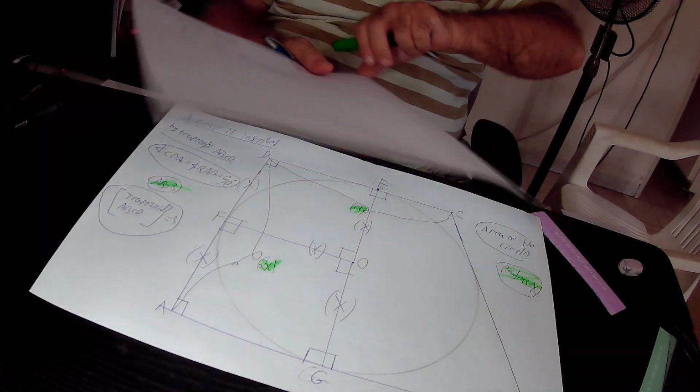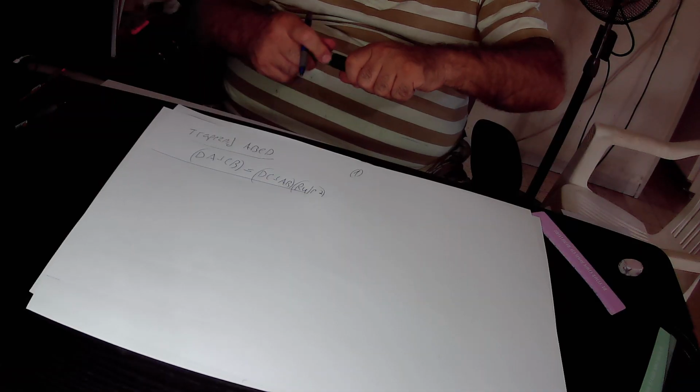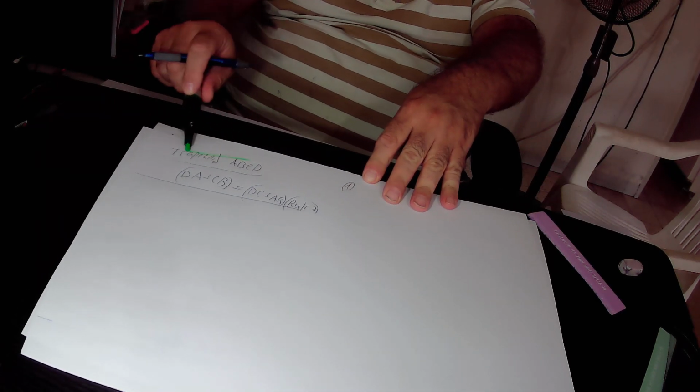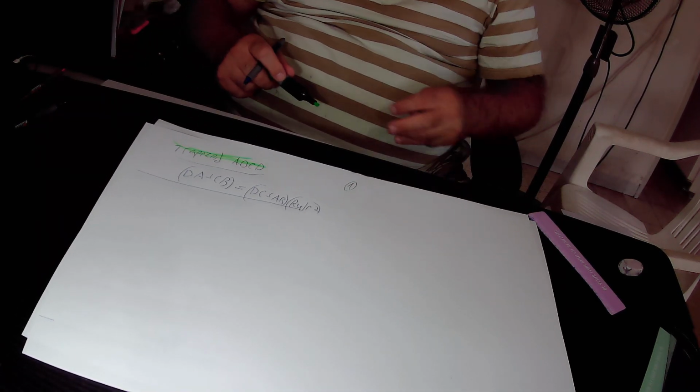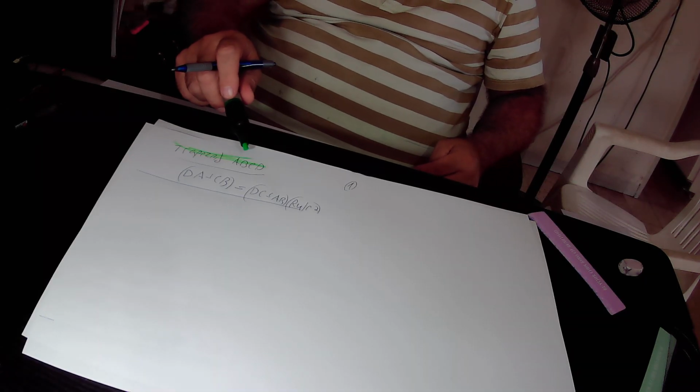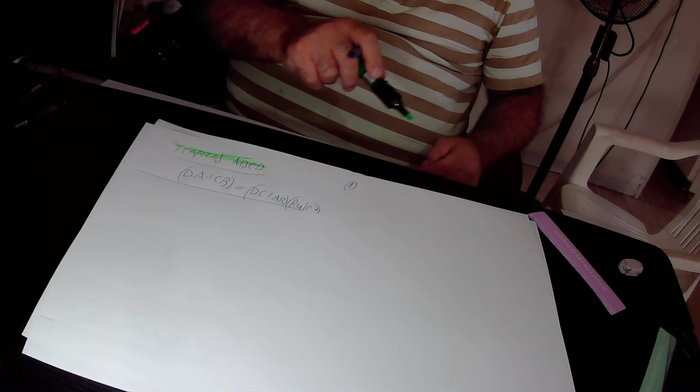And then again, according to rule 2, we proved that it is so in any trapezoid, that DA plus CB equals DC plus AB according to rule 2.